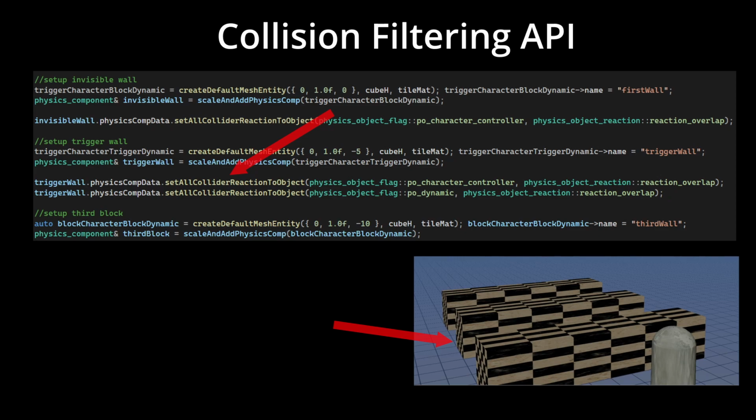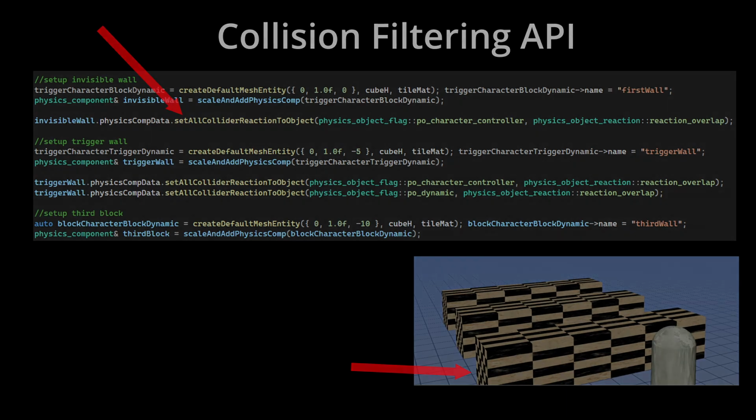As seen in the image, a user can set the object to react to character controllers and dynamics by overlapping them. The next object blocks character controllers but overlaps dynamics. This can be done by calling the setAllColliderReactionToObject function, so that the object reacts to character controllers by overlapping it.